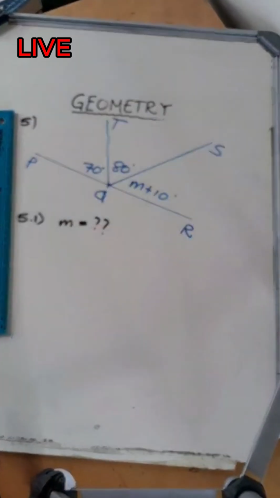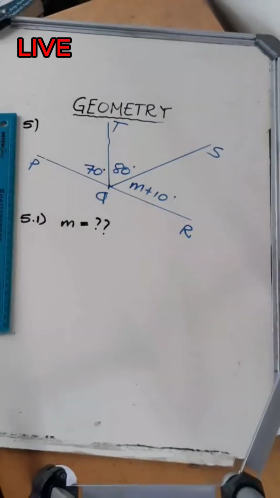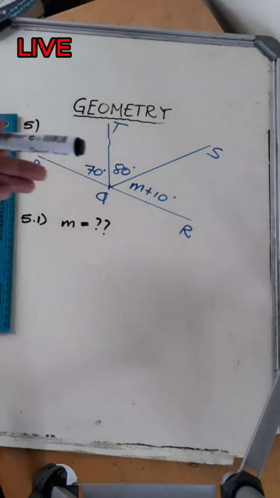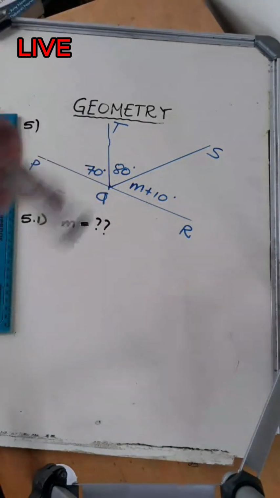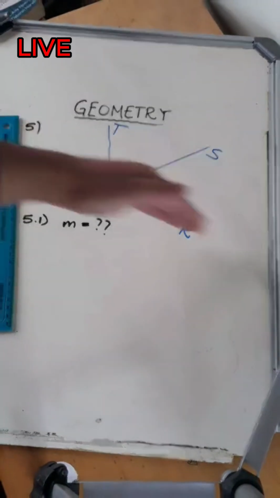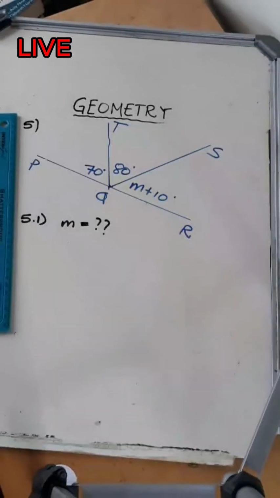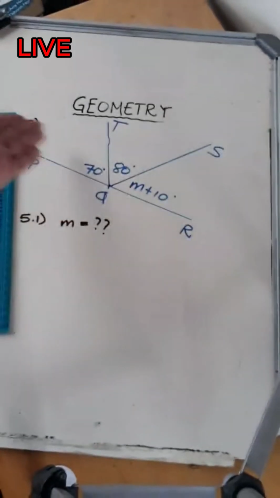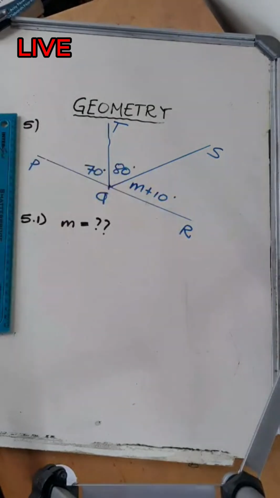So what is the value of M? For those who have just joined us, remember all the questions that we're going to answer now are based on one theorem, and that theorem says angles on a straight line are equal to 180 degrees. That means this one plus that one plus that one, those are angles, and if we add them together we should get 180 degrees.